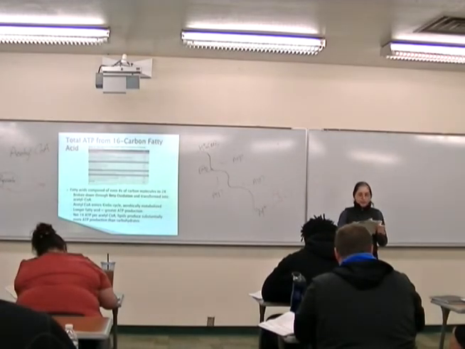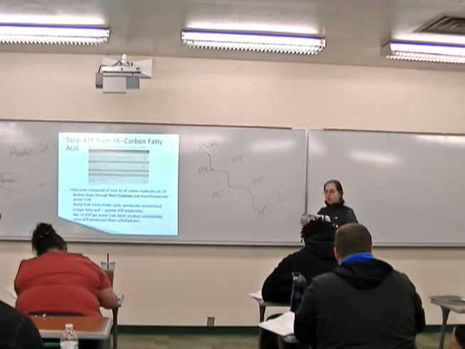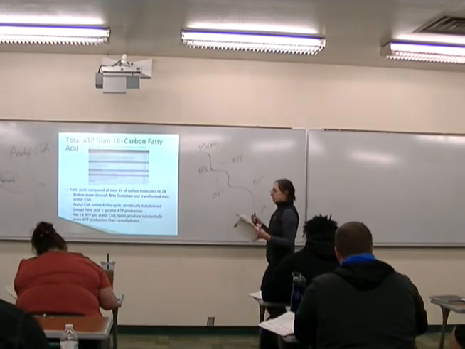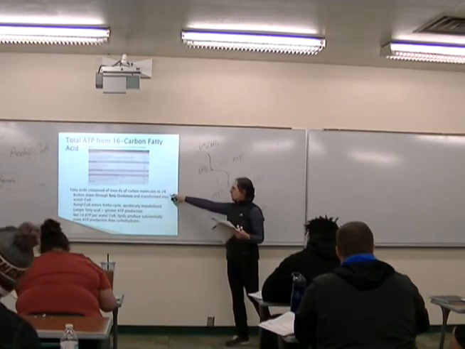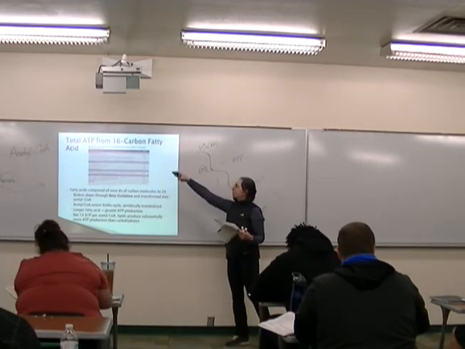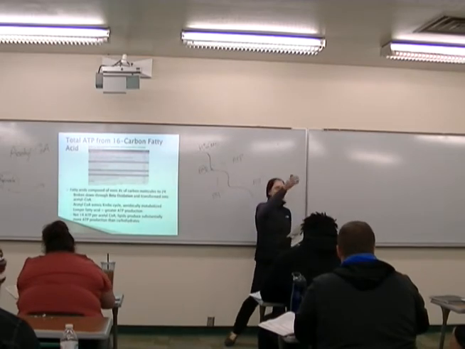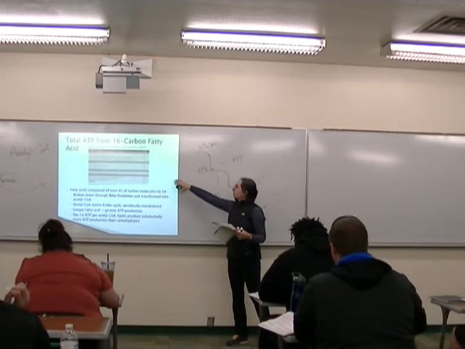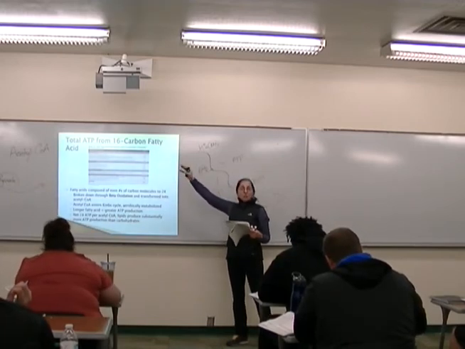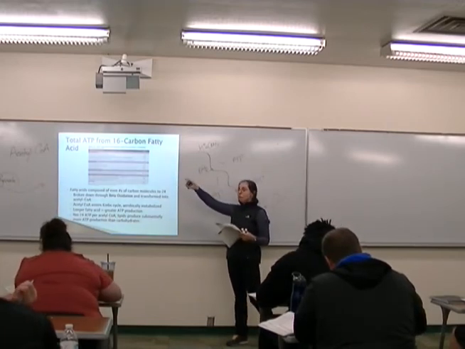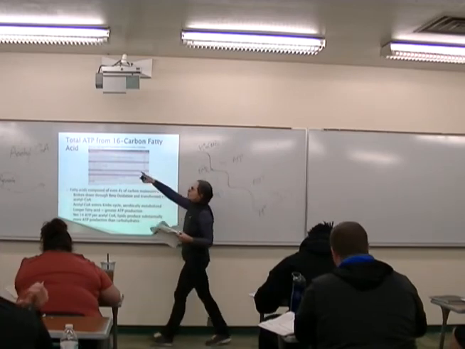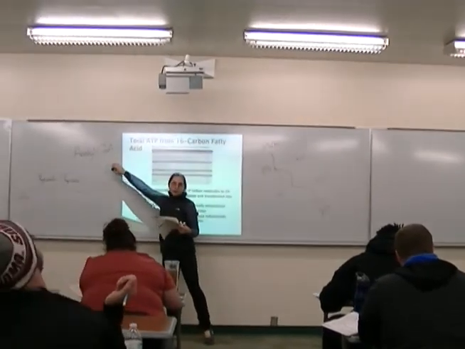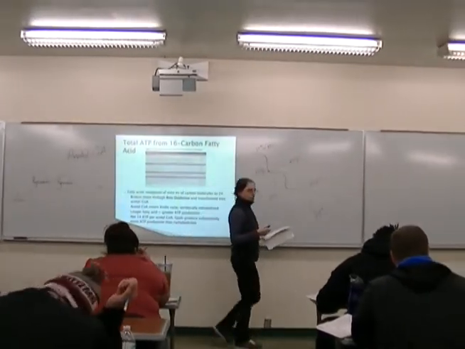It could be anywhere up to 24. They tend to be in even numbers of carbon molecules, so it could be 16, 18, 20, 22, 24. A lot more carbon than we had in the carbohydrate, which means I can produce much more acetyl-CoA when I break down the triglyceride.